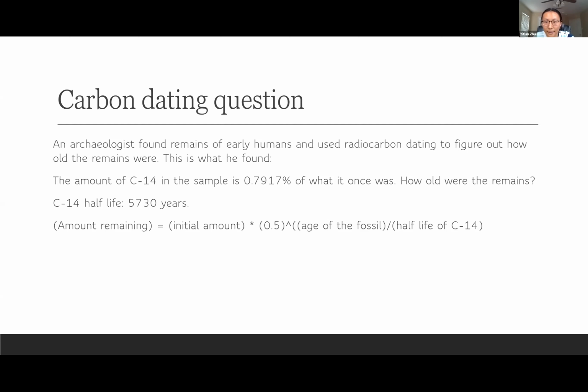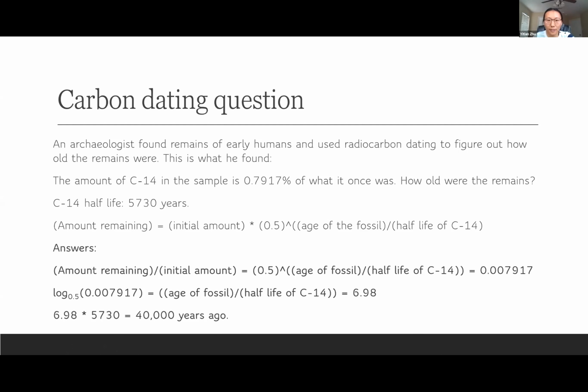Okay, this is probably one of the hardest questions that I've given you to use an equation with, because it has so many steps, but don't worry. Okay, there we go. So first of all, we know that it's 0.7917%.